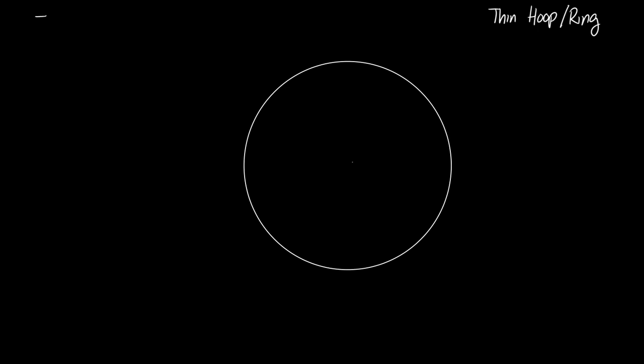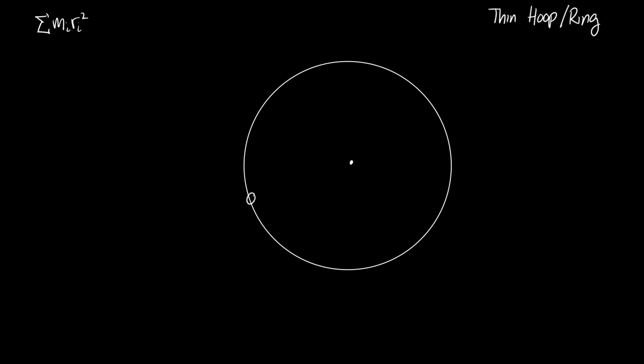And the reason I think that is because the definition of moment of inertia is how far away the mass is from the axis of rotation. So if I'm dealing with a ring, isn't every piece of mass the same distance away from the axis of rotation? Right?